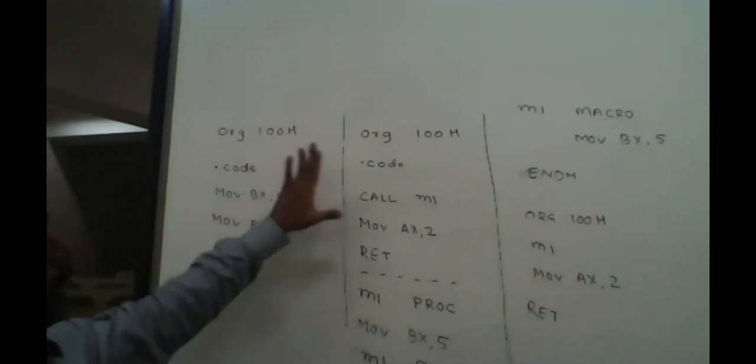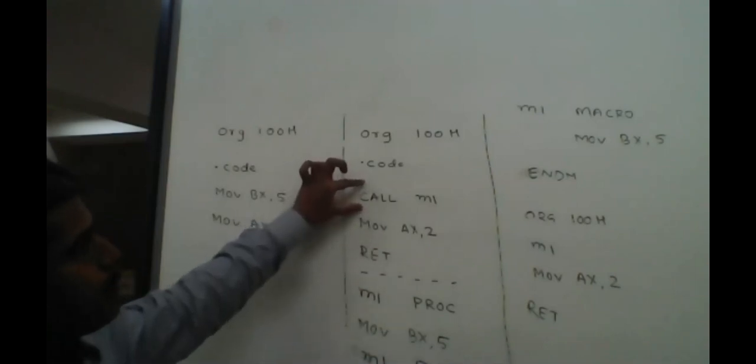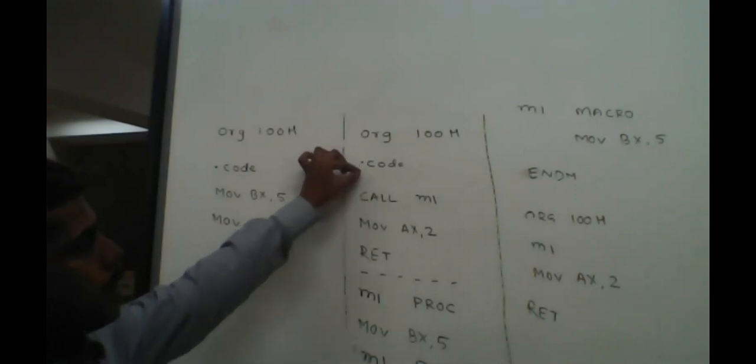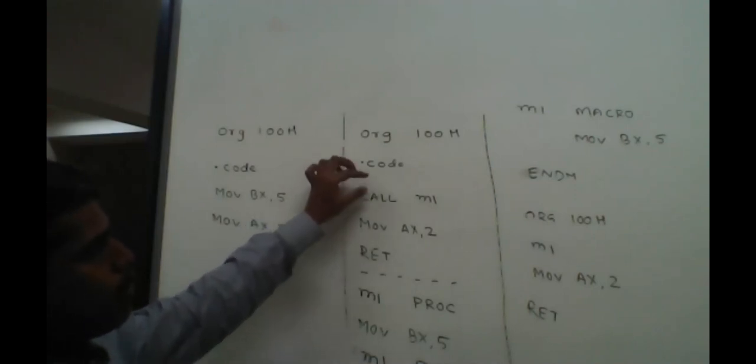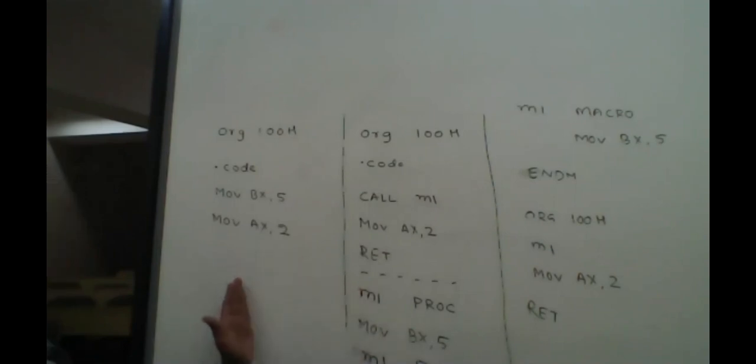Now, here what happens internally is, whenever you are calling the procedure, the control will go out of this particular program and it will go to a function which is written and stored at some position.